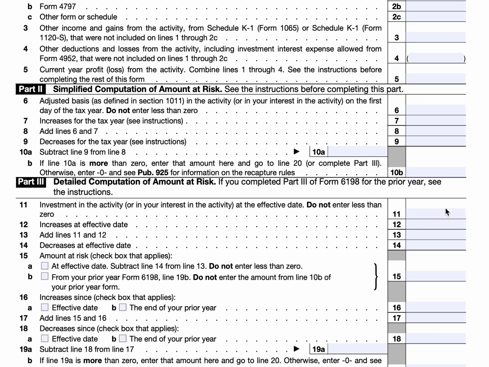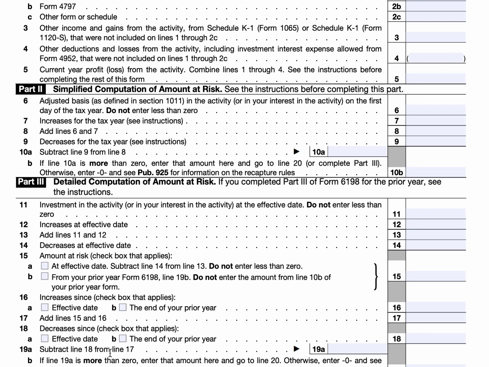And the first thing it says is if you completed part 3 for the prior year, see the instructions. So the instructions state, if you completed this for the prior tax year, then skip lines 11 through 14. So you'll have to refer to the instructions for lines 15 and 16 and the instructions for line 18 to determine what to enter on those amounts.